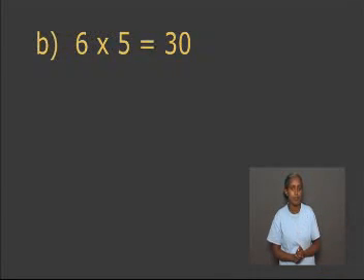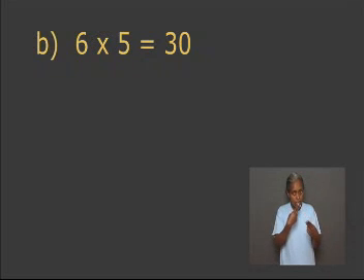The first chair can be filled by any one of the 6 people. The second can be filled by any one of the remaining 5 people. By the multiplication principle, this gives us 6 times 5, or 30 different possibilities.